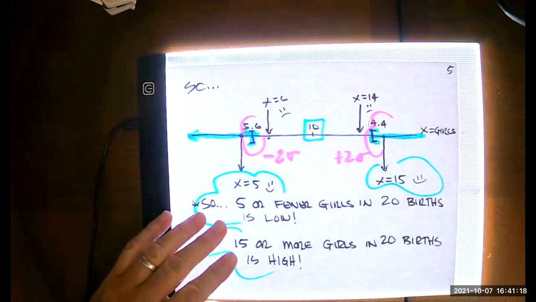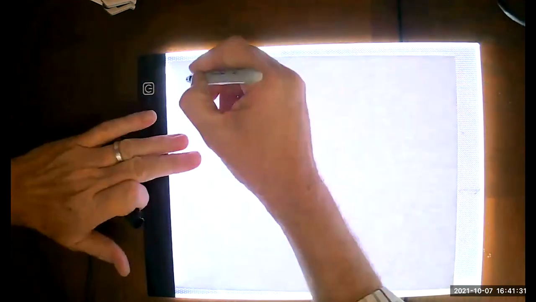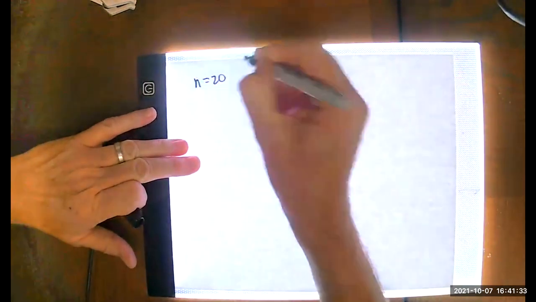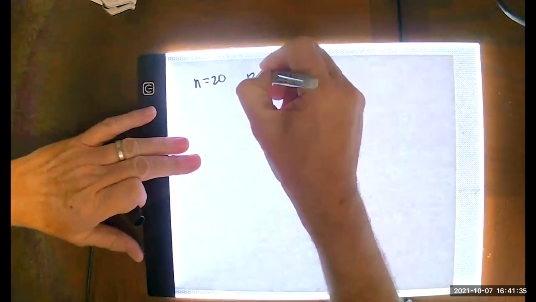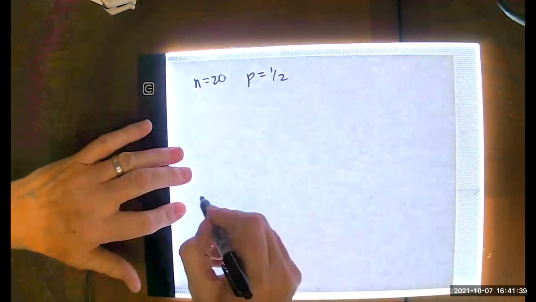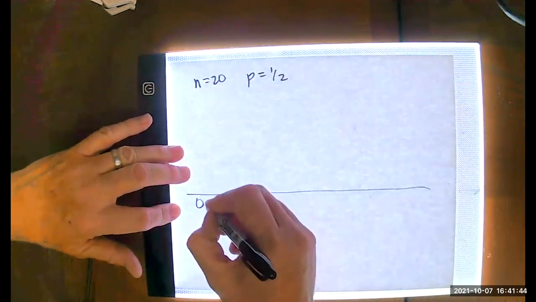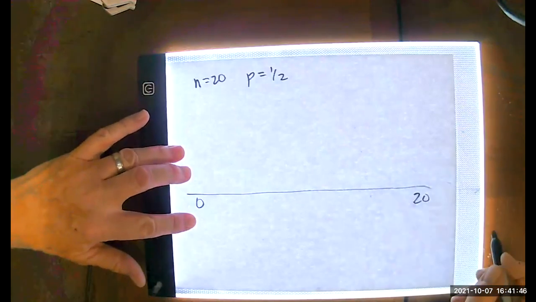Now, let me talk just a little bit about why we had the symmetry in the cutoff probabilities. I will note that for n equals 20 and p equals 1/2, possible outcomes range from 0 at the low end to 20 at the high end.